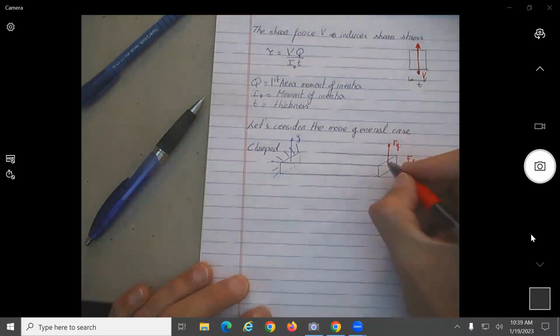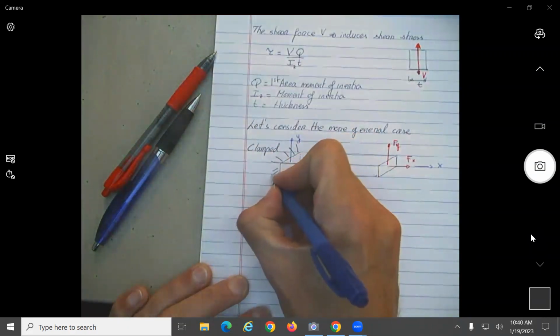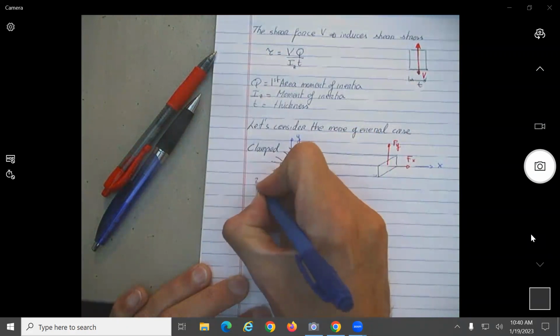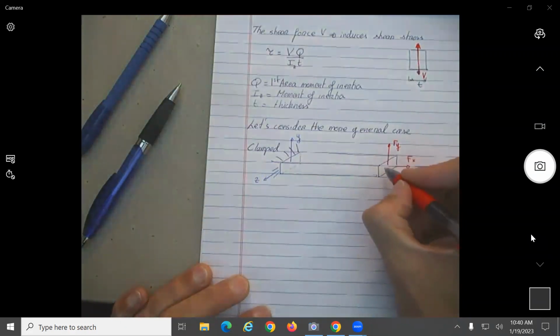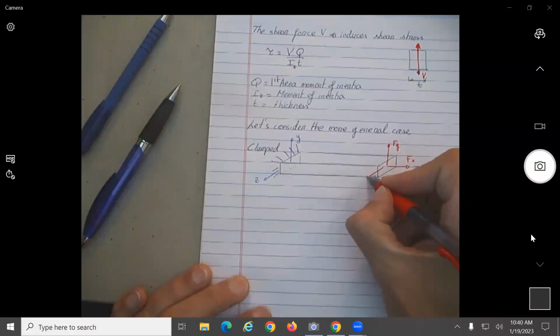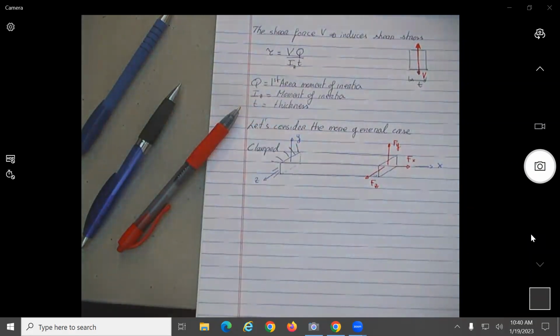And I'm going to put another force, so x, y. So the z should be coming in that direction. And let's say I'm going to put here a force on the z.